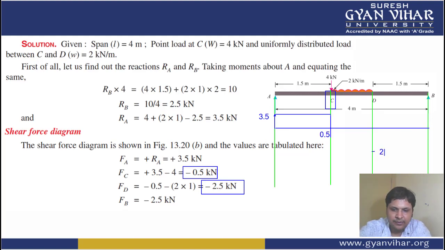Join the value at C to the value at D in this way. Now from D to B, you don't have any load, so this will remain constant from here to here. In this way your shear force diagram is drawn, where this represents the negative and this represents the positive side. All right, I hope you have understood this shear force diagram.